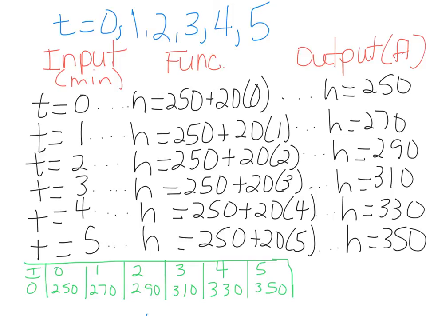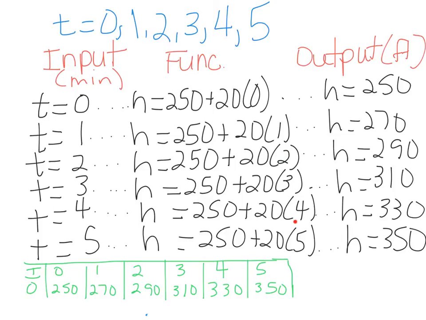Now we can use the function and create a table with the inputs and get the outputs. Here's our t, 0, 1, 2, 3, 4, 5. In this column, we have the inputs, which are the minutes. Here is our formula where h is the altitude: altitude equals 250 plus 20t.